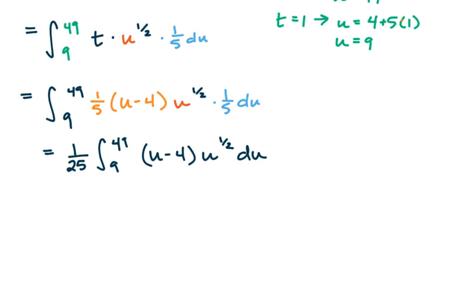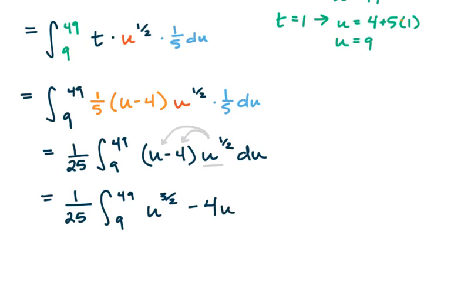Now at this point, it looks kind of similar to what I started with, but I have one term raised to a power, and I can distribute that to both of these two terms in the parentheses. So this is 1/25, the integral from 9 to 49 of u to the first times u to the 1/2 is u to the 3/2 minus 4u to the 1/2. All of that is what we are integrating with respect to u.